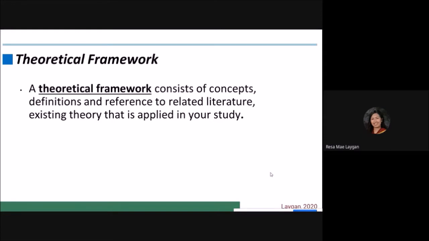And from that theoretical literature, you assess the applicability of those theories in answering the main research problem or the main thesis of your research. So you are going to decide, among those theories, which is the most applicable theory that will give a tentative answer to your research.